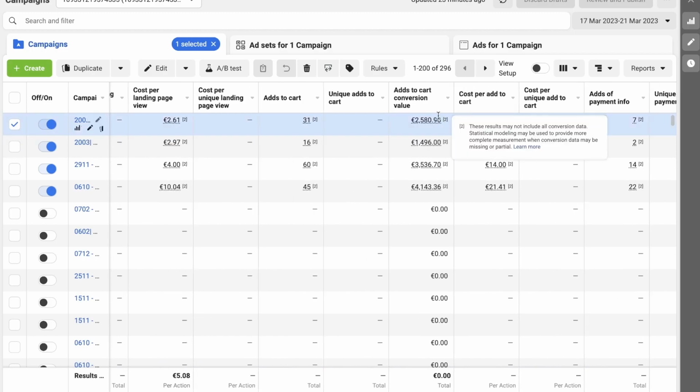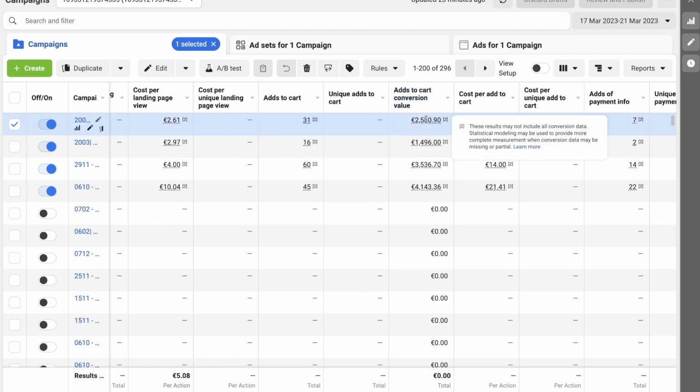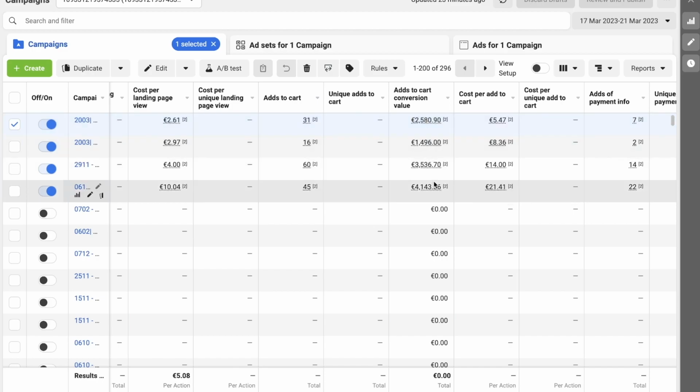Then what we see here is now we get into conversion values. Because if you have your tracking set up correctly, then you can track here how high is the average cart value that people are trying to check out. Because we're definitely tracking conversion values and purchase conversion values in the end.